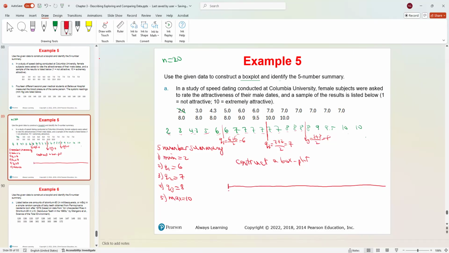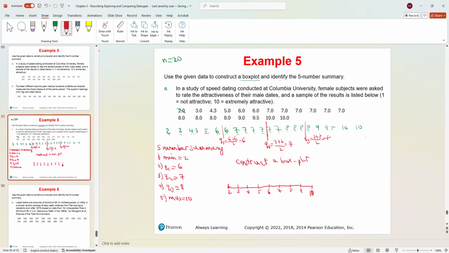Let's go. 2, 3, 4, 5, 6, 7, 8, 9. And then, as I said, I'm not planning on putting that long line. I'm going to redo it again.